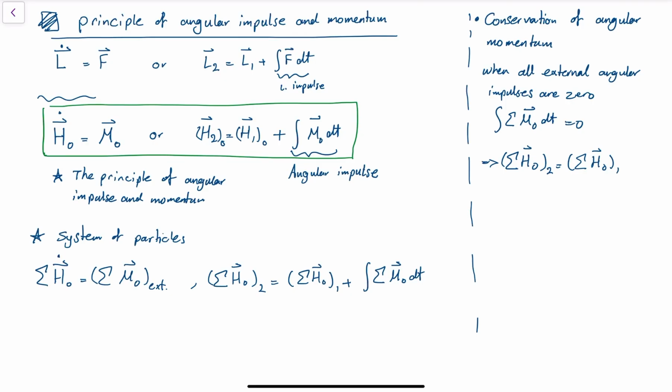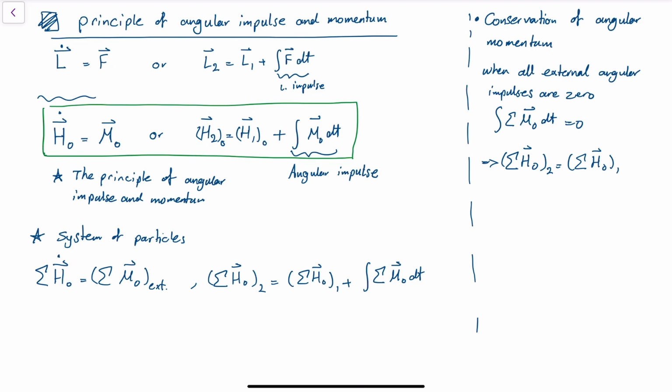And you have seen this in many situations. The most famous one is these figure skaters that start spinning about their body axis, and as they fold their arms, they reduce the distances.